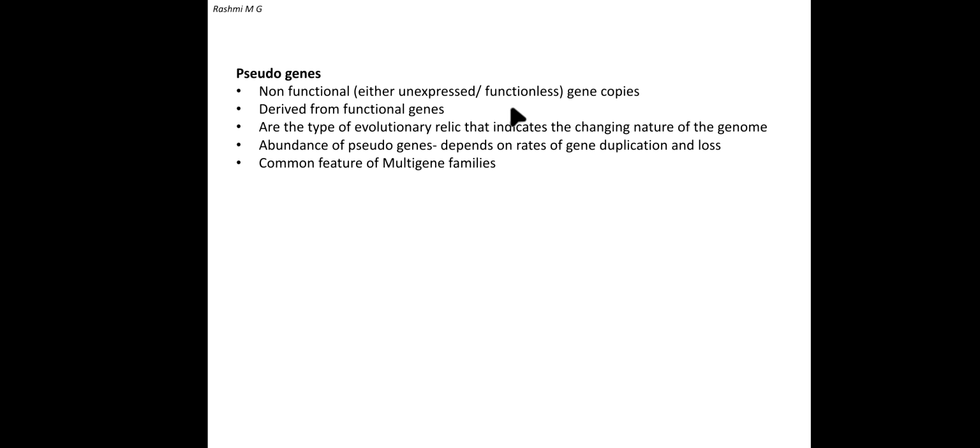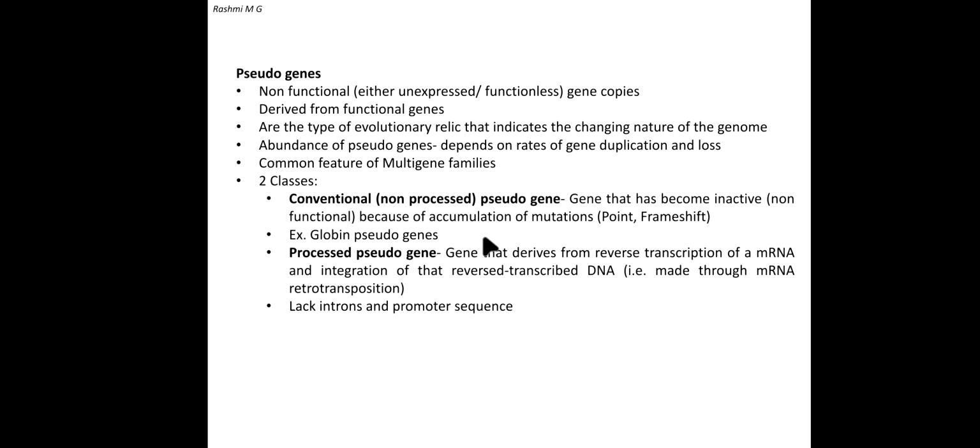Pseudogenes are non-functional, false, functionless gene copies derived from the functional genes. So they are a type of evolutionary relic that indicates the changing nature of the genome. Abundance of pseudogenes depends on rates of gene duplication and loss. So it is a common feature of multi-gene families.